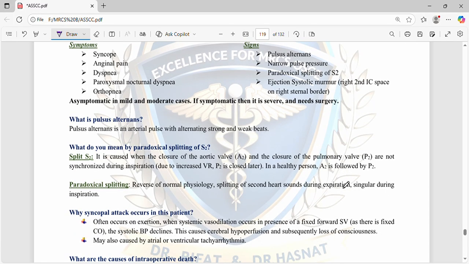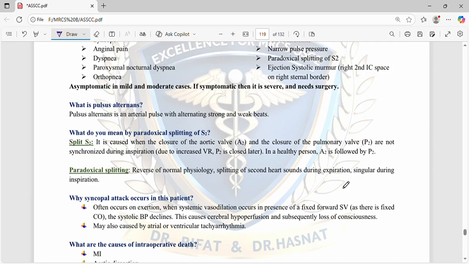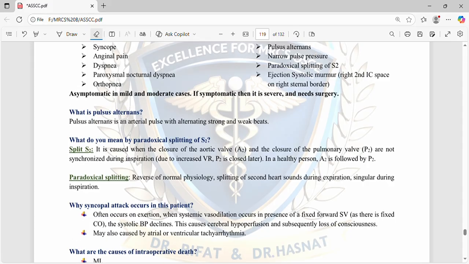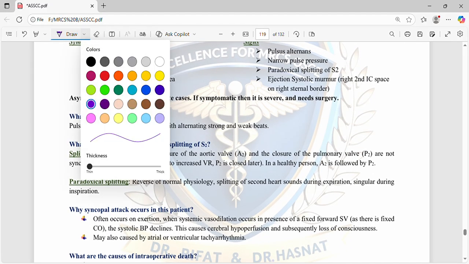So what do you mean by paradoxical splitting of S2? It is the splitting of the second heart sound. Basically you have the mitral valve and the tricuspid valve, whose closure causes S1, the first heart sound, and the closure of the aortic valve and pulmonary valve causes S2, the second heart sound.